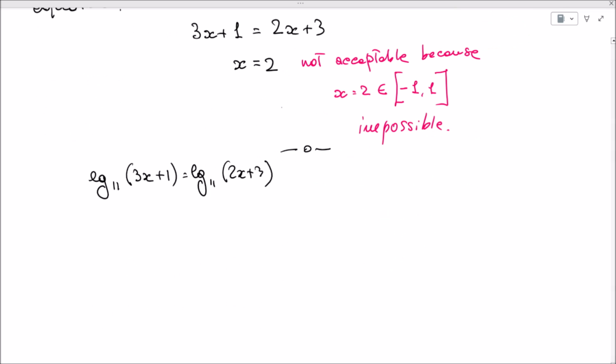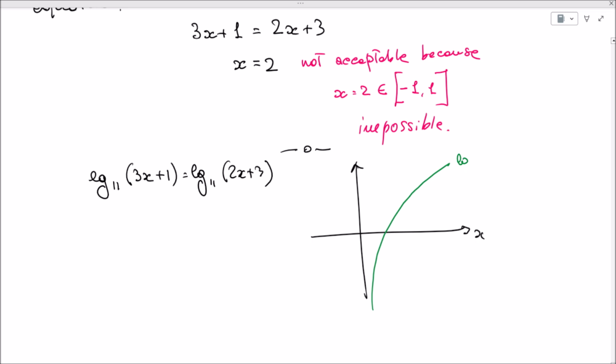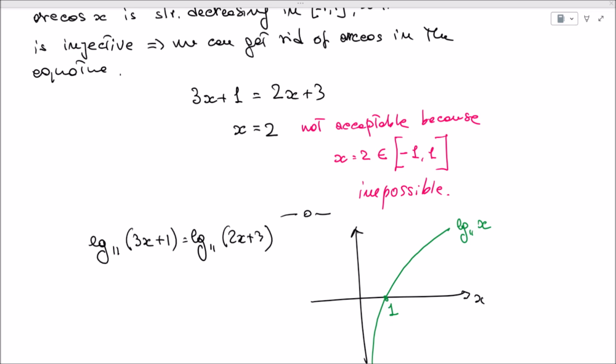And we know that the logarithm base 11 of x will be a strictly increasing function crossing the x-axis at 1. Now, the logarithm base 11 is defined only for x larger than 0.